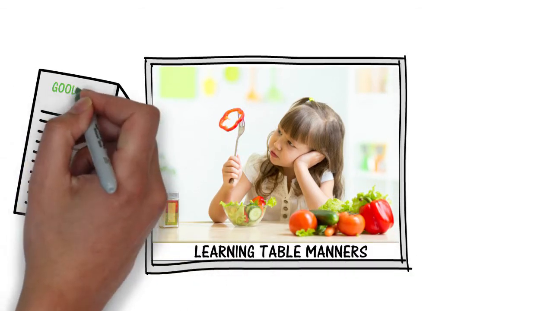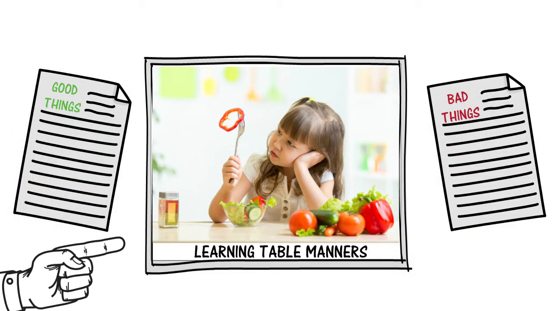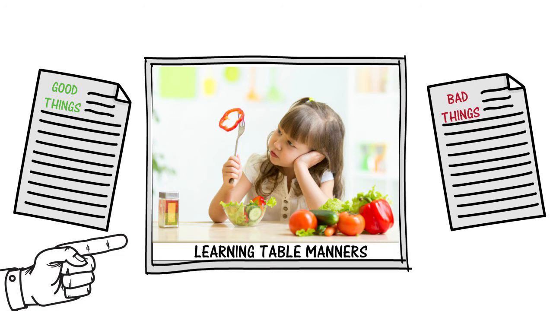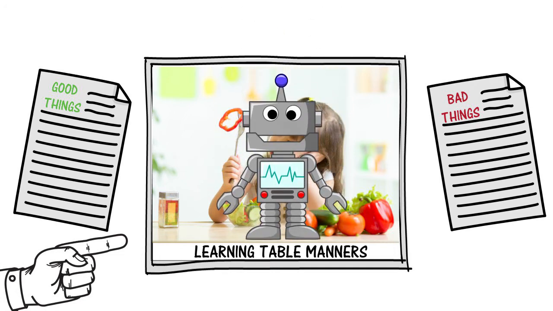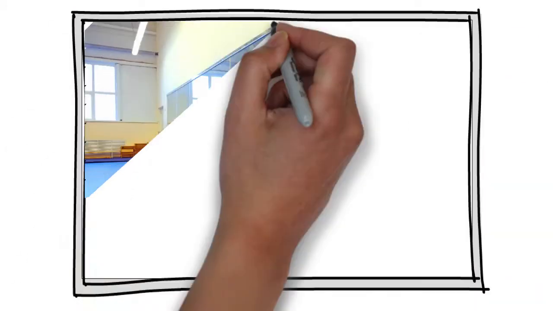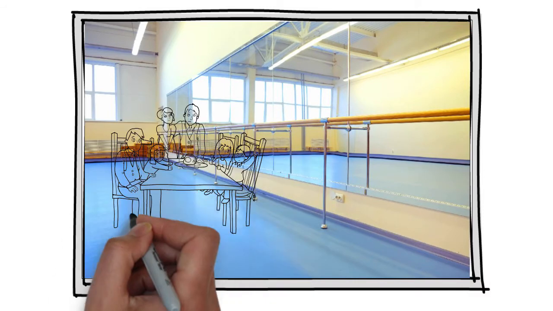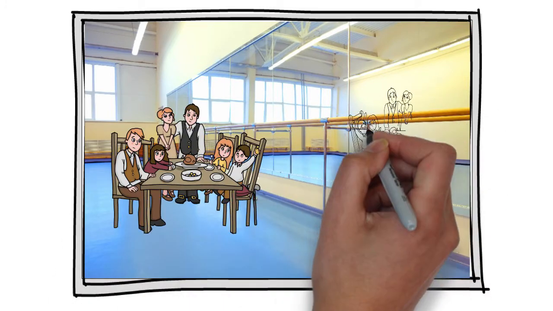You could make a list of good and bad behaviors and comment every time she does something right or wrong. But she may feel like a little robot, following your rules, but not particularly attached to them. Here's another approach. You could have your meals in the family dance studio with mirrors on all the walls.